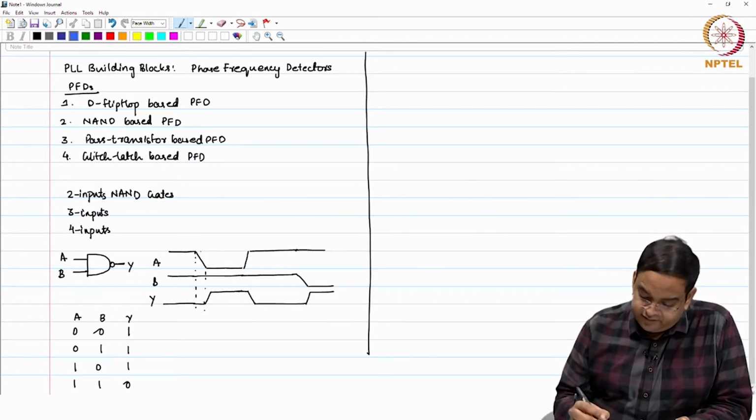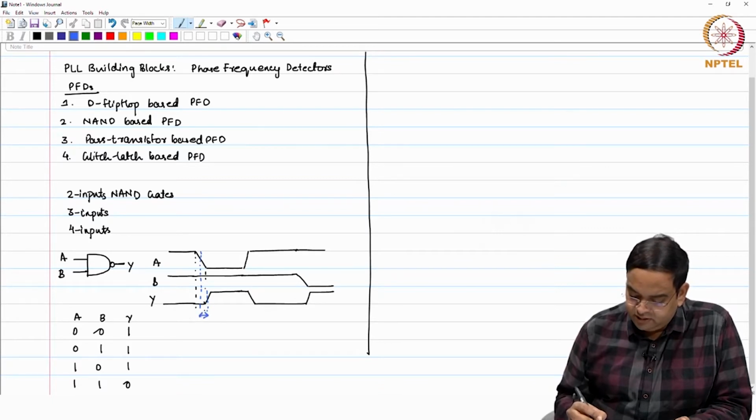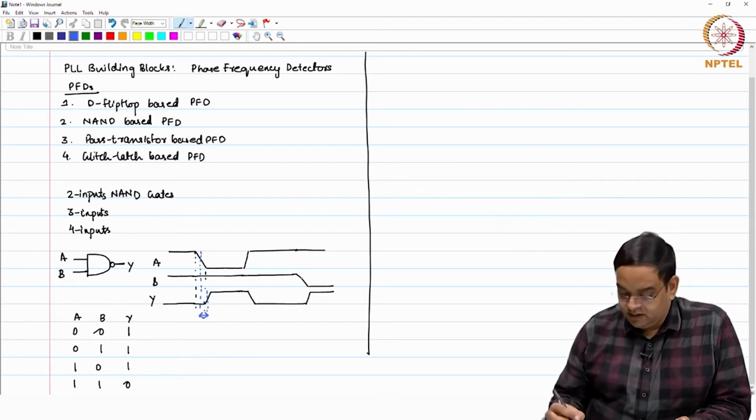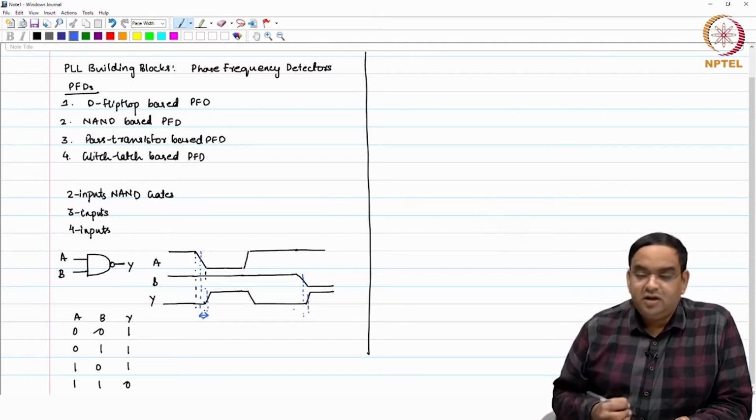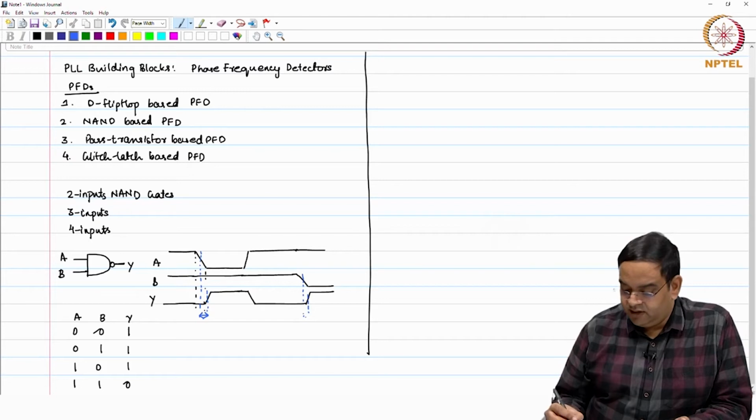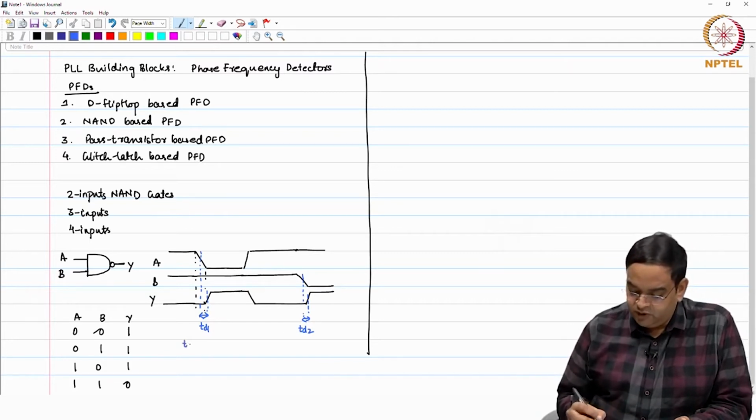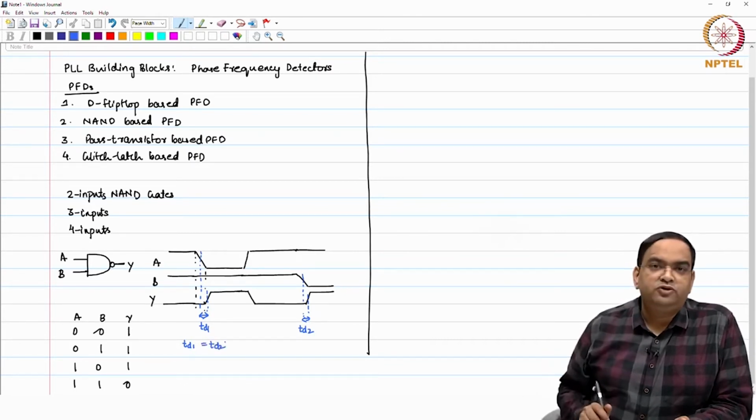Now, if you look at the delay between the transition of A and Y, and the transition between B and Y, these two transition delays should ideally be the same. TD1 should be equal to TD2. The final logic is surely going to be the same, but the parallel operation would also require that the delays be the same.